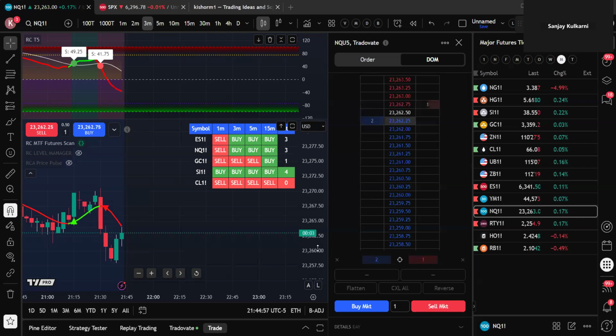Generally, indices will move well during this time, the US indices, because both the European market will be trading and the US market will be opening. So all the ES, NQ, ZB, RTY, YM will be moving well during that 6 to 7:30. Generally there won't be much volatility. There will be a one-sided trend during that time, 6 to 7:30.